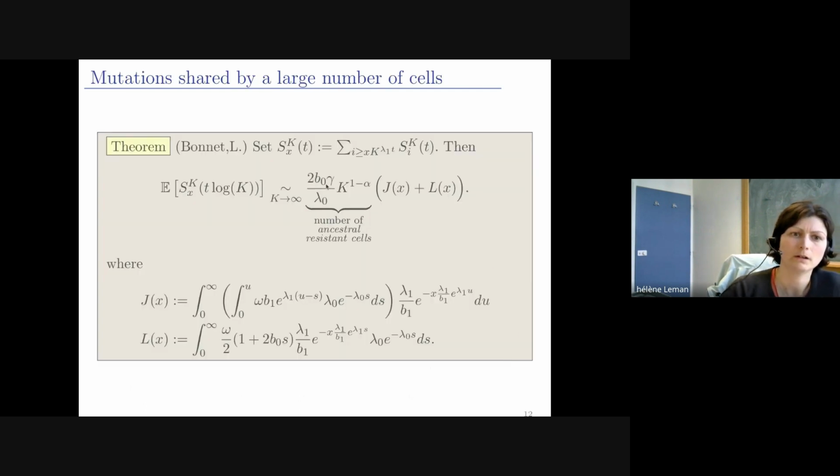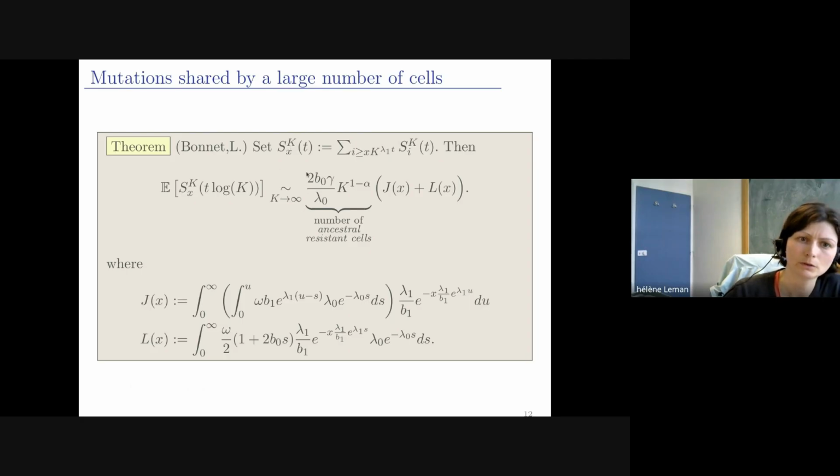And we study more precisely the mutations shared by at least a certain number of individuals, and here this number is x times K to the power lambda 1 t. Remember that K to the power lambda 1 t is approximately the size of the total resistant population, so x times K to the power lambda 1 t is a large number of cells.